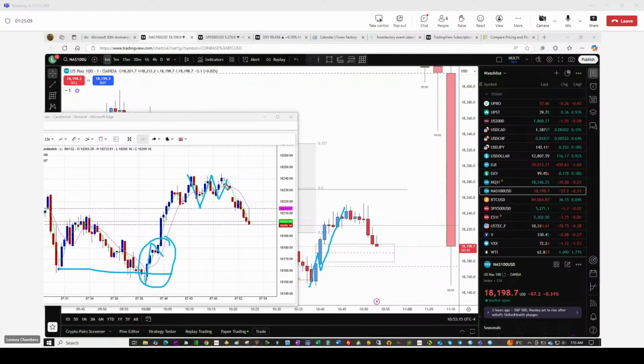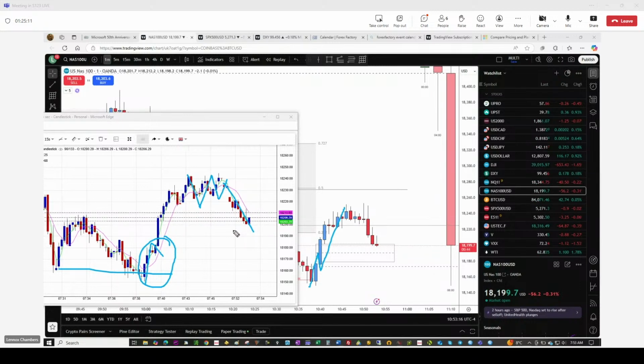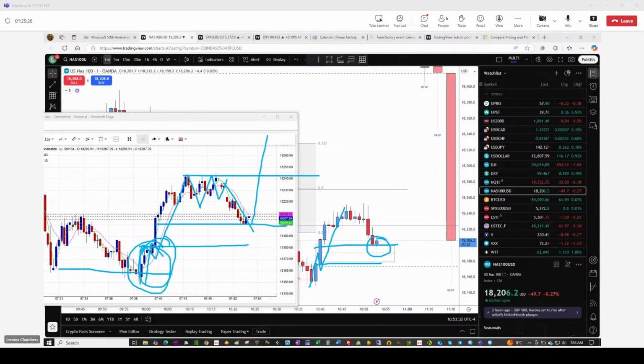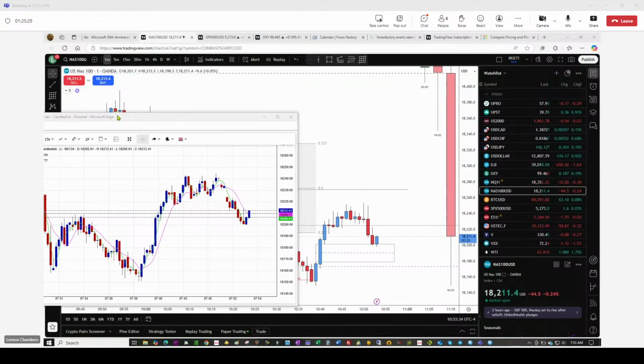So right now we're just chopping in a fourth wave, coming back into the gap right here. So if you wanted to buy it, now would be a time to buy, to go back up to take out these highs. So if everybody understands what I'm showing them, this is what's going on. I see. It's just a question of what they want to do.